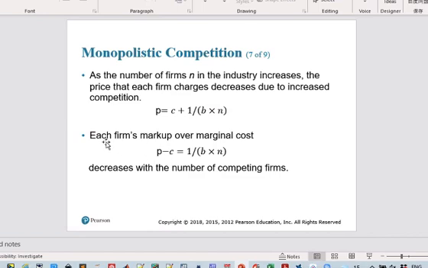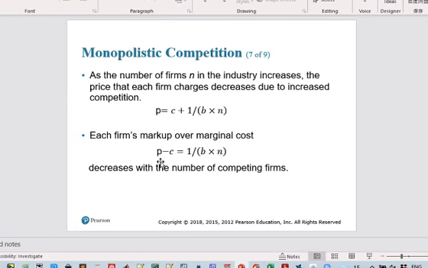So each firm's markup over the marginal cost is p minus c. Of course, if you are running a firm, the higher the markup, the better, because that means you're more profitable. And this markup equals 1 over B multiplied by N. What does that mean? That means if N is higher, your markup is lower.